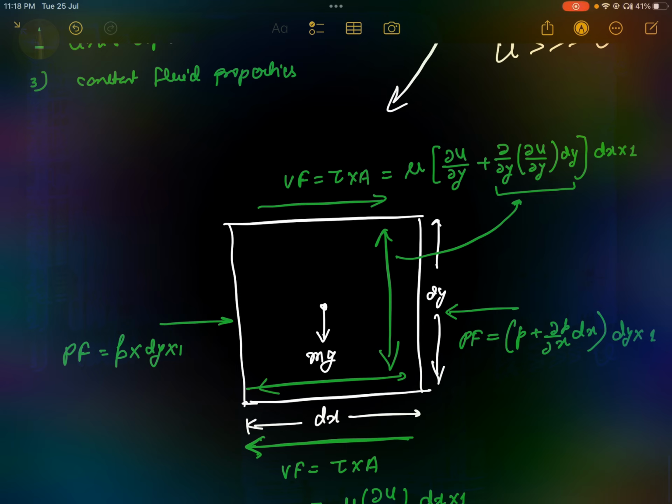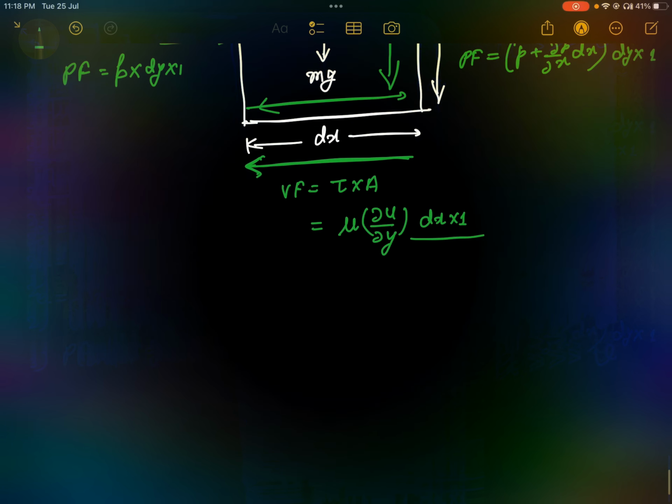So these are the forces. Now, according to Newton's law, the sum of the forces along x is equal to mass into acceleration along x. Or we can say that the net algebraic sum of all the forces acting on the element along the x direction is equal to the rate of change of linear momentum of the element along the x direction.